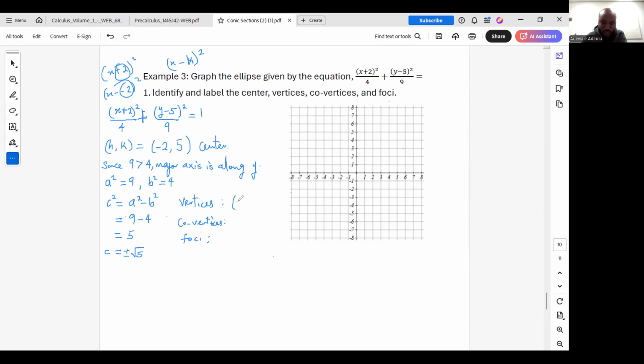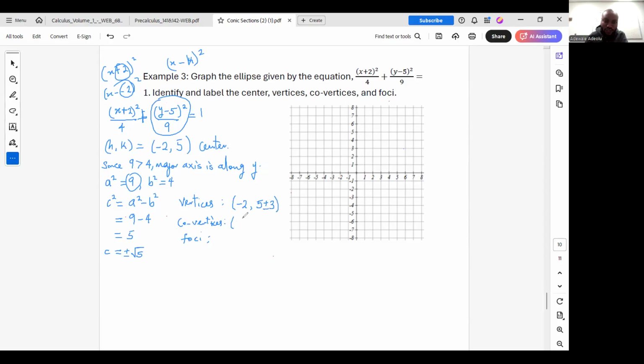Remember, like I said, we have to start from the center. You always account for the center. Now, for the vertices, we go to a. This a squared is 9, meaning a is plus or minus 3. And since the major axis is along y, we have plus or minus 3.